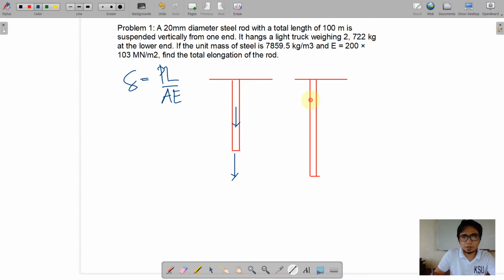So there will be a deformation due to weight, and a deformation due to the force or the weight of the truck on the edge.